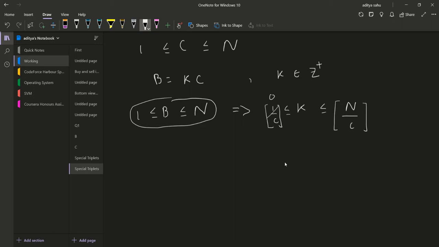But note that b's lower bound value is 1. So this k in fact has to be greater than or equal to 1, right?